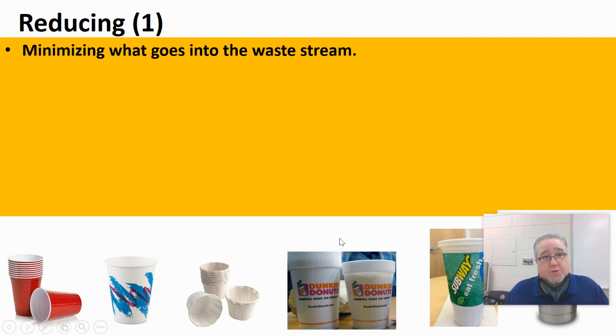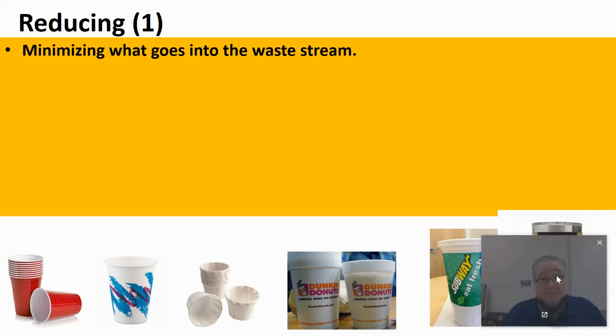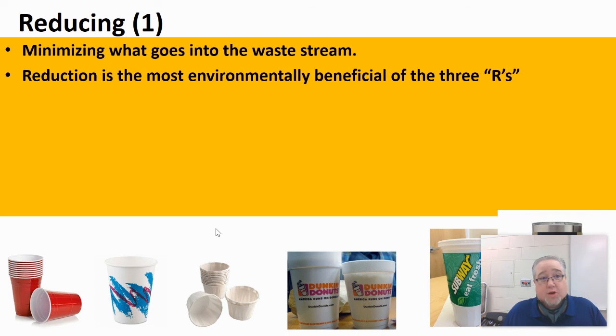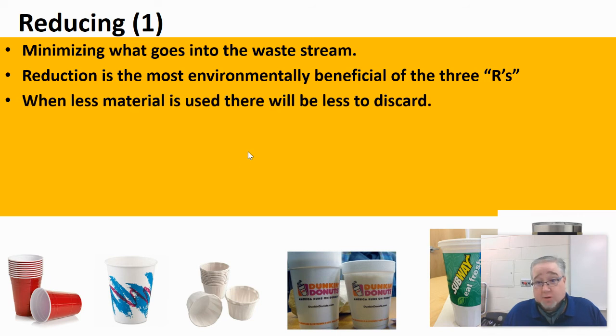So the first one we're going to talk about is what we call reducing. Reducing is simply putting less into the waste stream, minimizing what goes in. Of the three R's, this is by far the most environmentally beneficial because if you don't put it into the waste stream, then it's not in the waste stream.